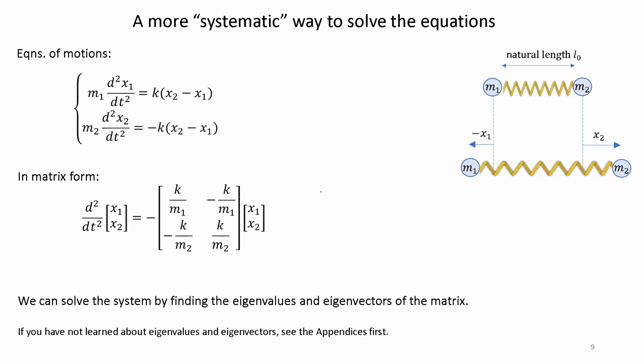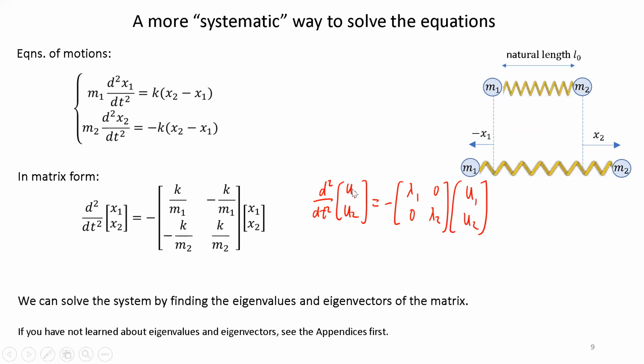If I have another system that looks like this, and I write it out again, not in matrix form, what you have is this one.